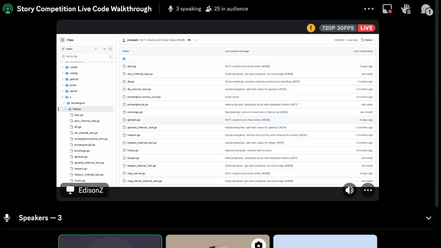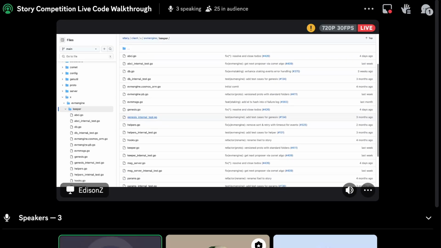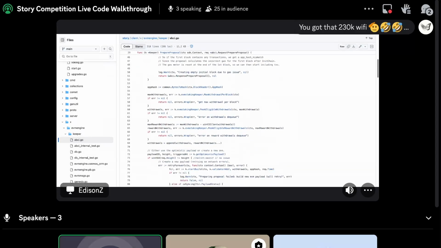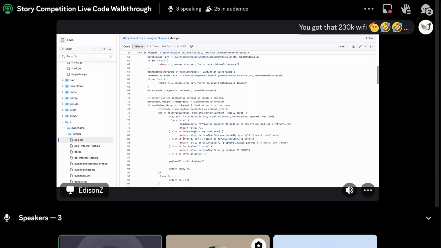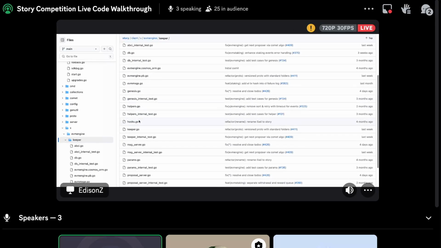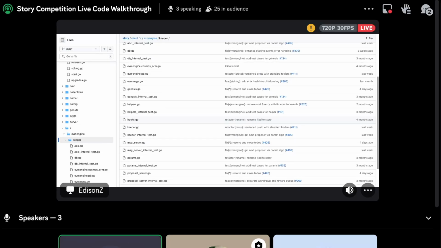For example, there's abci.go here, which has how PrepareProposal is handled. Eventually, it will call the Engine API here, and also how, for example, the verification in ProcessProposal is handled. So this is the EVM engine module.